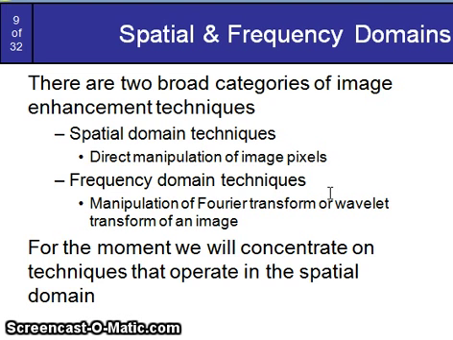So when the Fourier transform is applied to an image, it is converted into the transform domain, that is the frequency domain. And when we work on the transformed image, we call it a frequency domain technique. For the moment, we will concentrate on techniques that operate in the spatial domain.